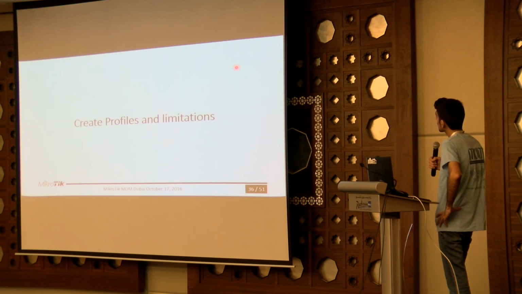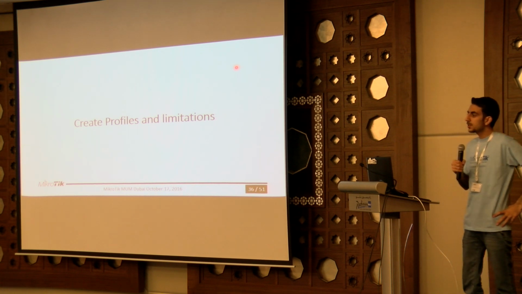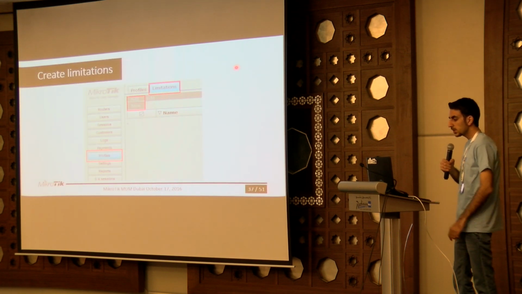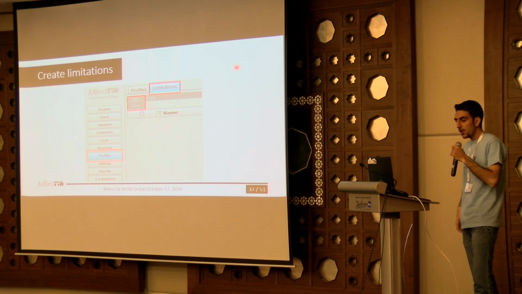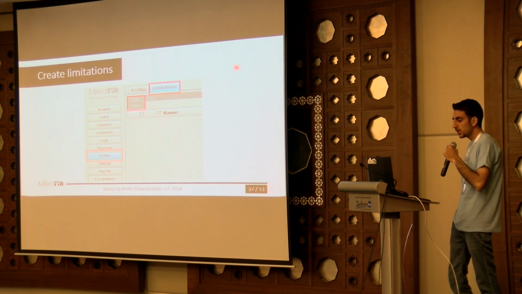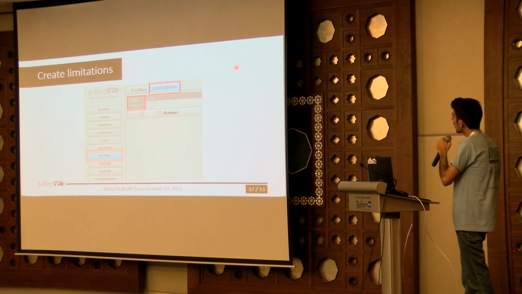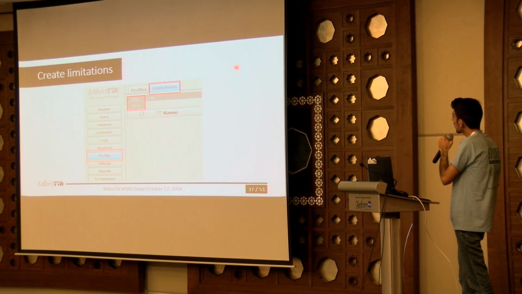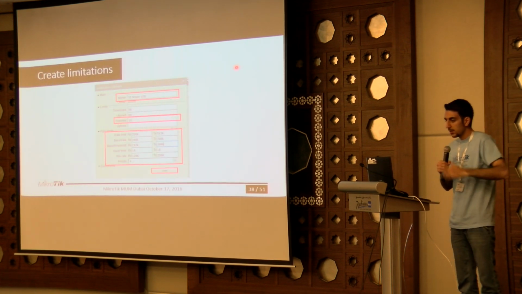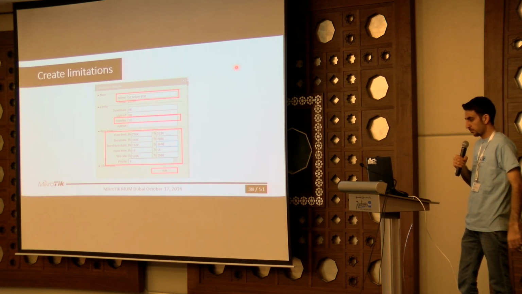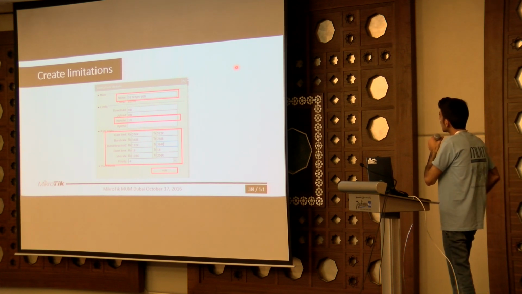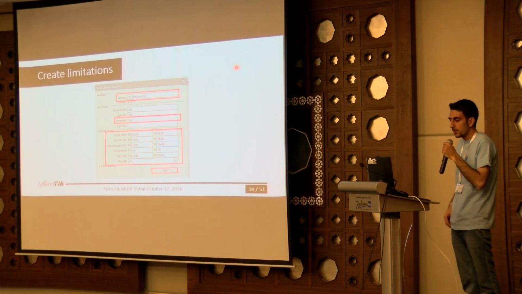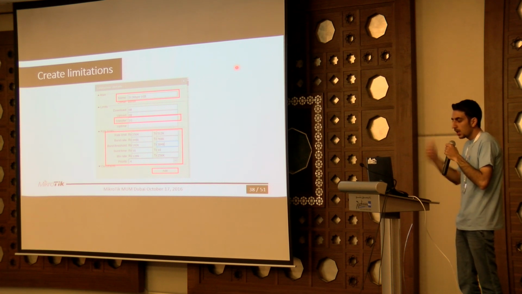Now we need a profile, limitation, and user to use hotspot and enjoy it. For creating limitations, we should click on profiles and then go to the limitations tab and then click on the add menu. After that, we should click on new. And we can see limitation details. In the name text box, we should enter a name for the limitation, for example, 512 PPS.